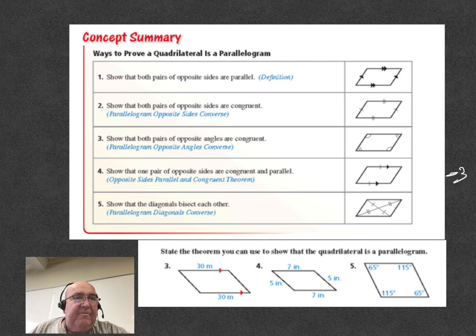Now number 4 is shown by the measures of the parallel sides showing that both pairs of opposite sides are congruent, which is number 2. So number 4 at the bottom is shown by that theorem. And lastly, number 5, our opposite angles are congruent, and that would be the opposite angles congruent theorem right there.